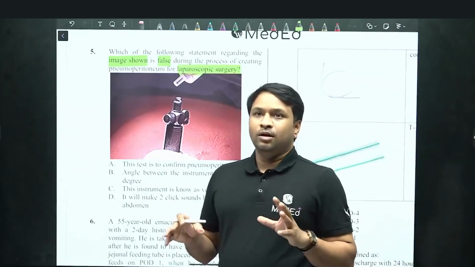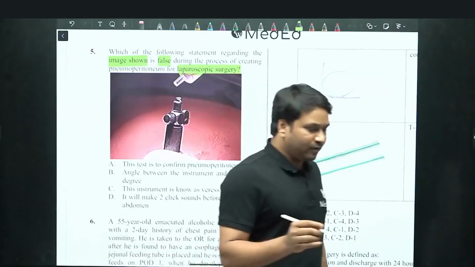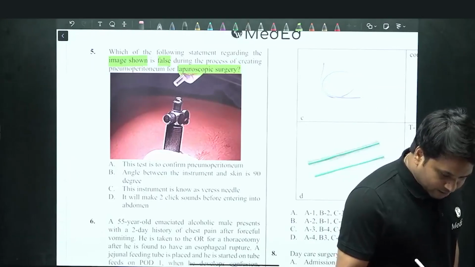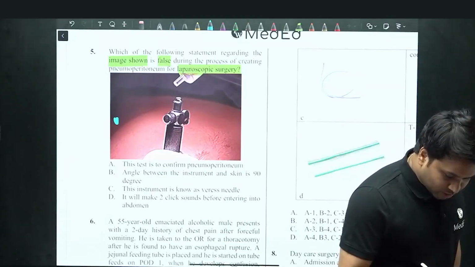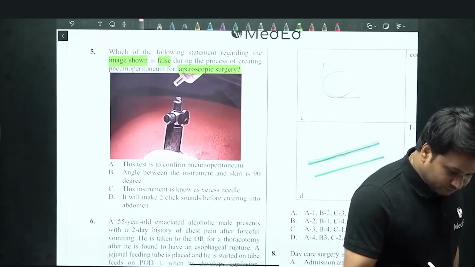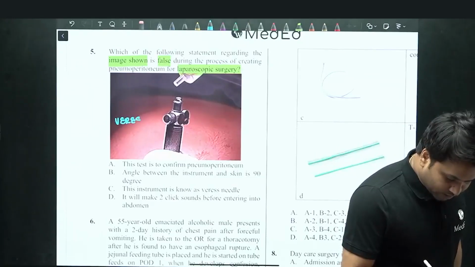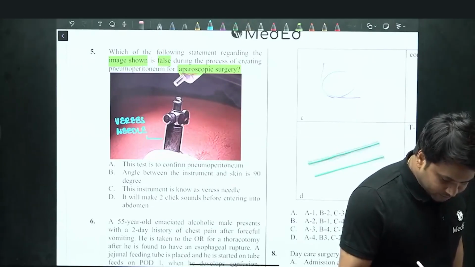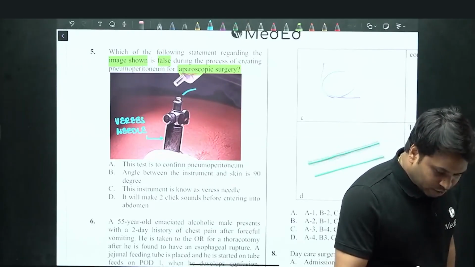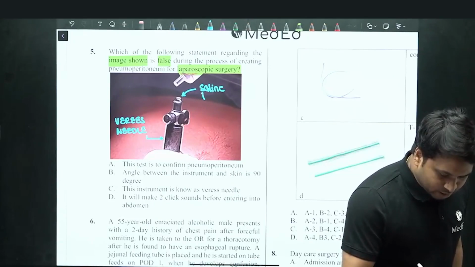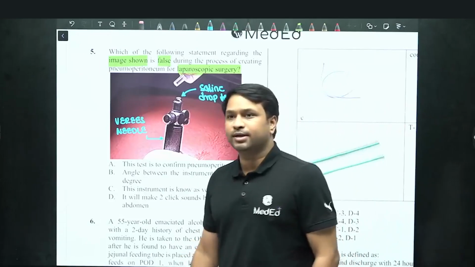Now, if you look at the image, I have given you the image of a particular device here, and this is what we call the Veress needle. You see there is a drop of saline here, and this image is denoting the saline drop test.